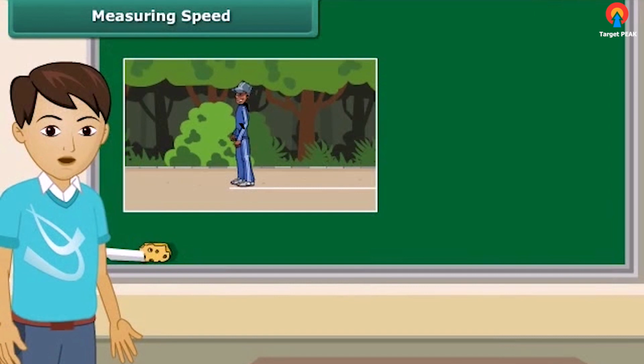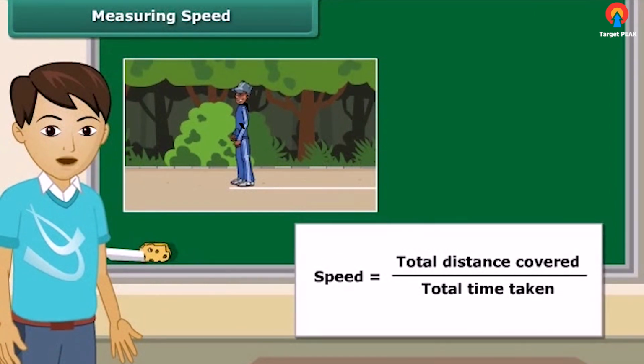Allow him to run till he wants to stop. Note the total time taken from the moment he started to the moment when he stopped. Measure the distance covered by your friend. Now divide the distance covered by the time taken to cover the distance. What you have calculated is the running speed of your friend.